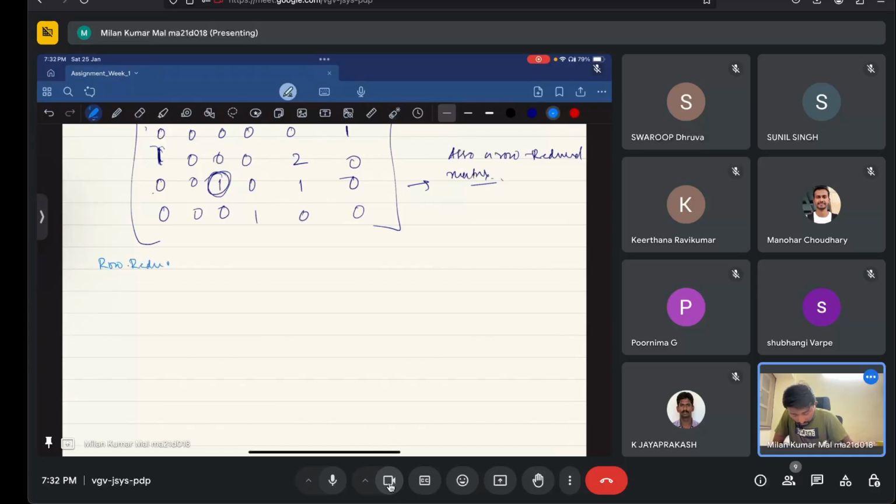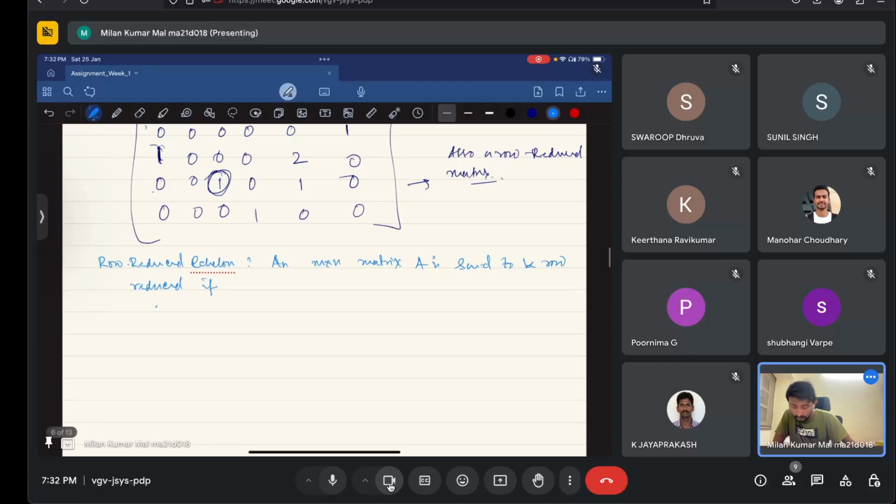Row reduced echelon matrix: an m by n matrix A is said to be row reduced echelon if, first, A is row reduced. If A is row reduced echelon, it should be row reduced.